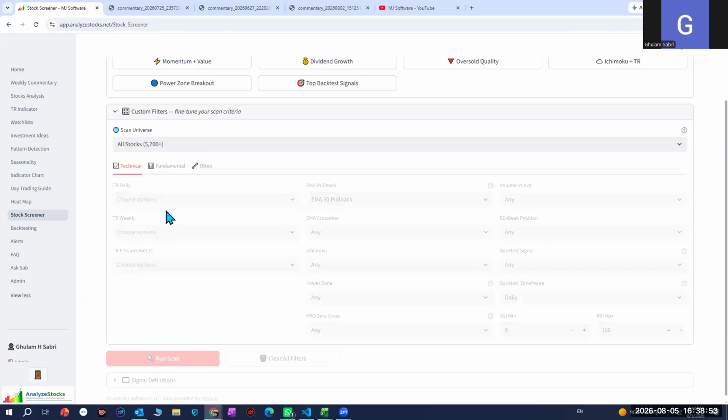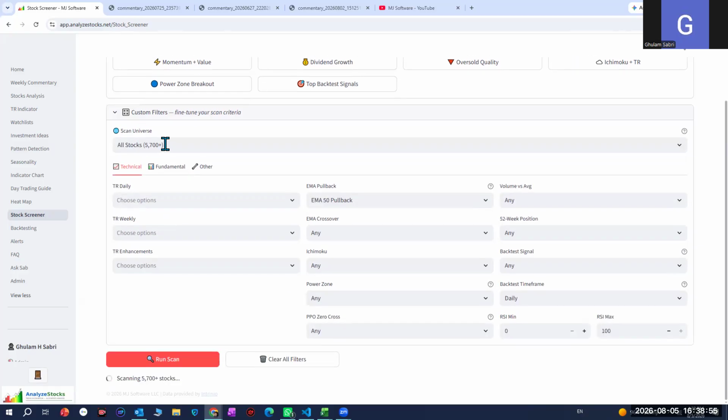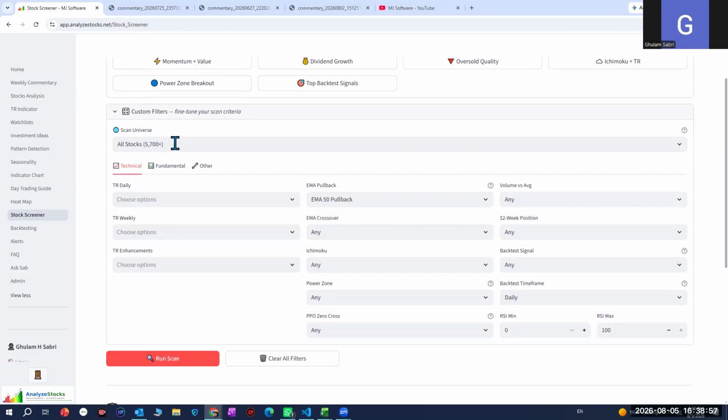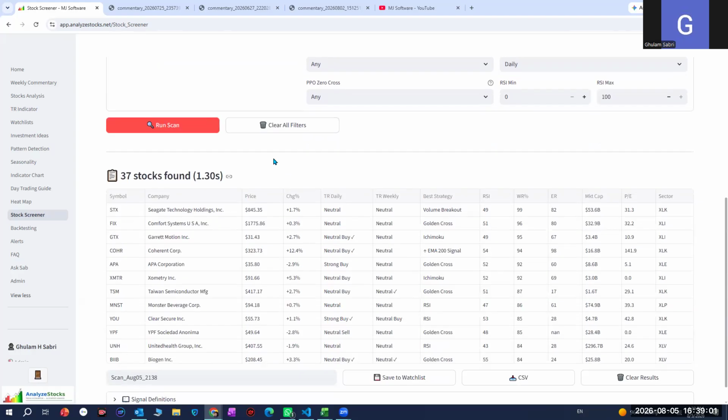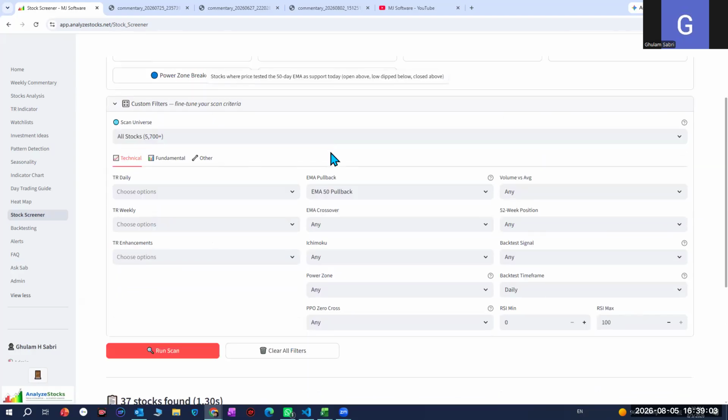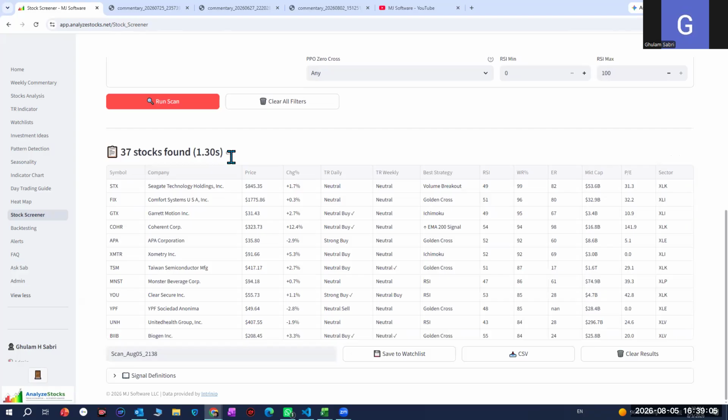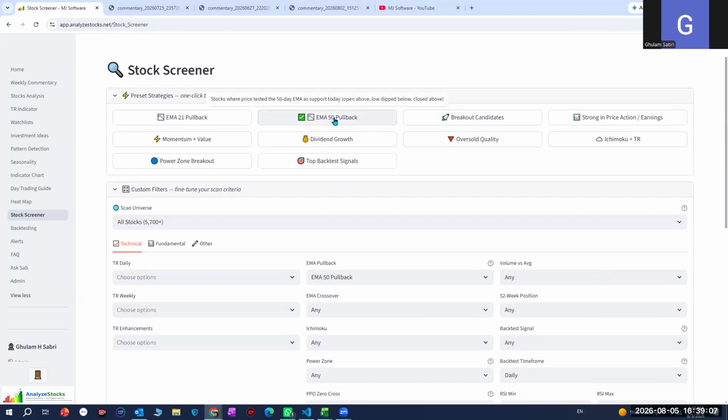You can also select your scan universe from the 5,700 stocks or one given sector only. Out of those 5,700 stocks, it has chosen these 37 stocks which have come down to their 50-day EMA average. Stocks where price tested the 50-day, opened above, low dipped, and closed above.